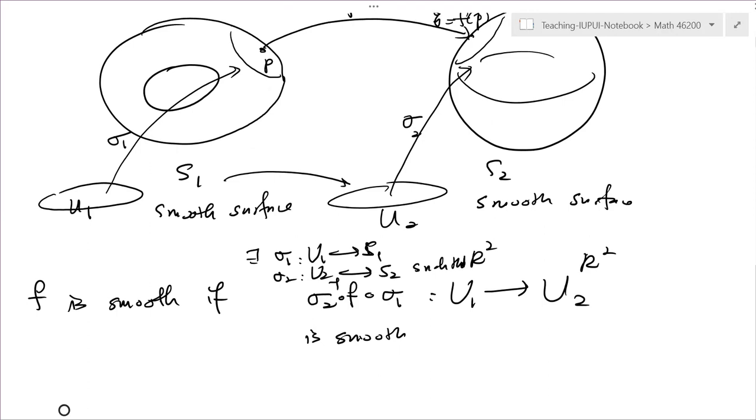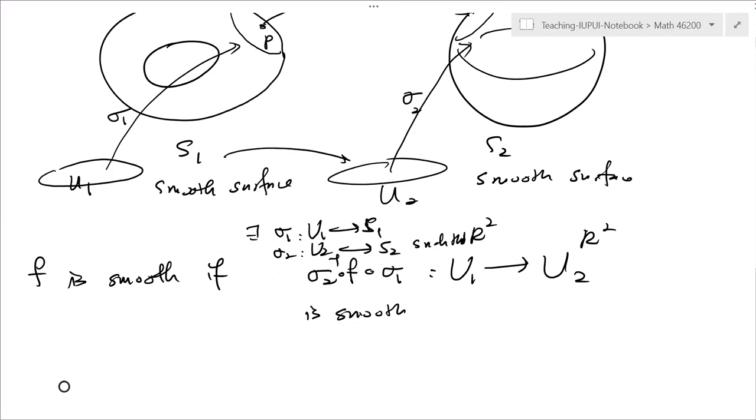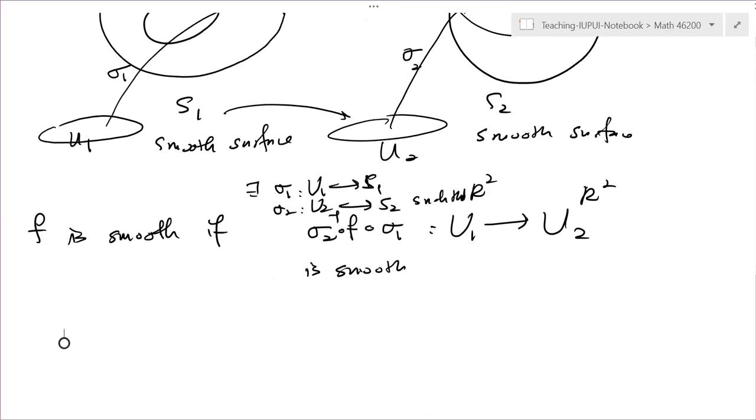So the picture is quite clear. Then we know how to say a map is smooth. Now, the important fact, which I don't want to check in detail, is that the smoothness is independent of the choice of sigma 1, sigma 2.